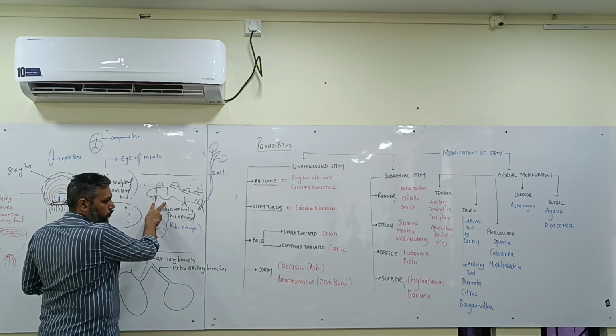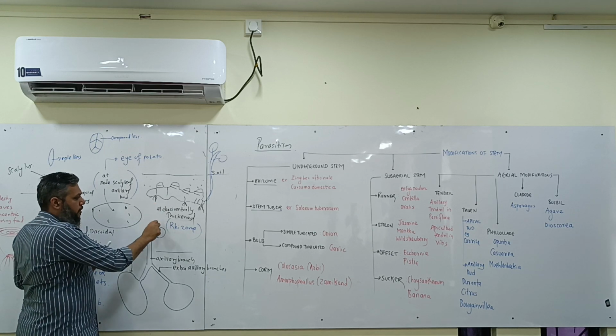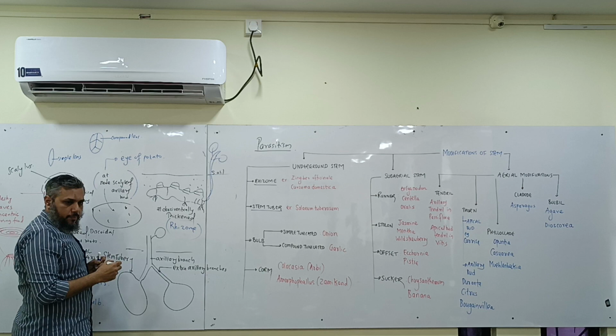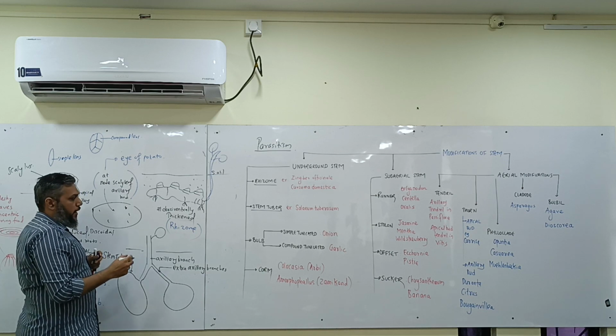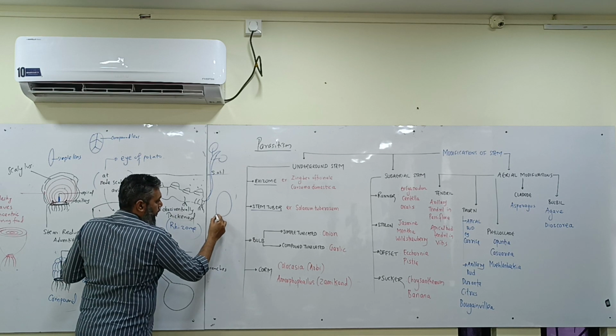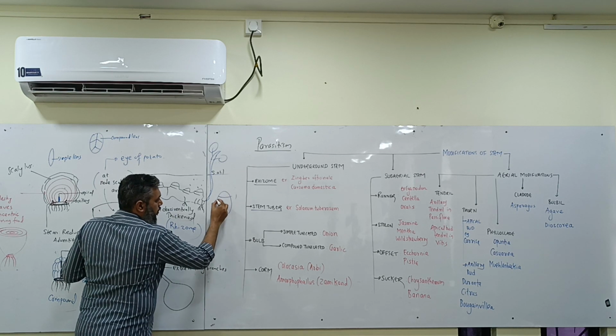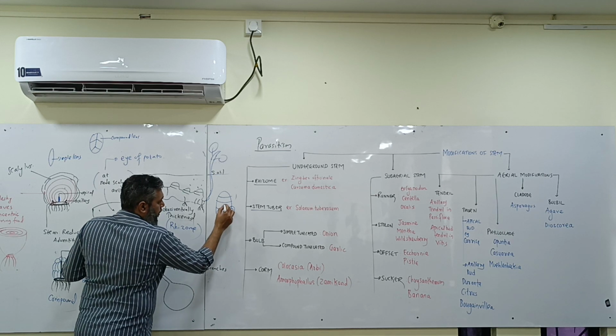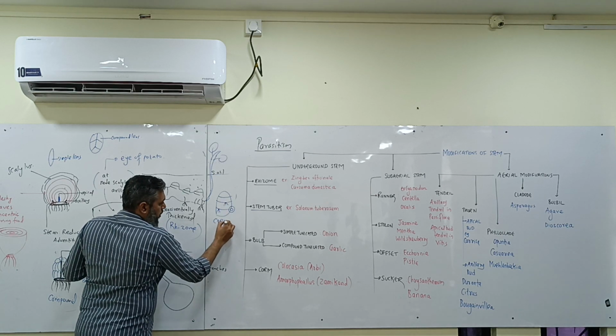The last modification over there is called a corm. Corm is like the rhizome. The difference is a rhizome is dorsiventrally thickened. Whereas when the rhizome is vertically thickened, then it is called a corm.